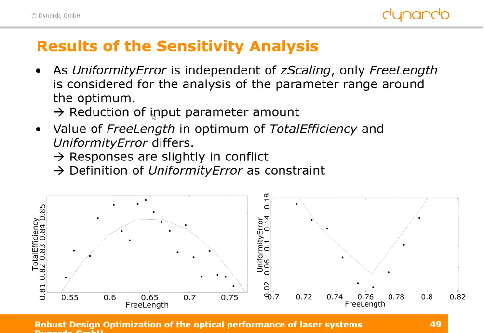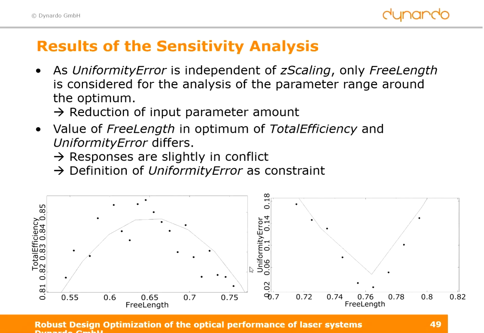So we can actually reduce the input parameter amount because we don't need to consider set scaling. Furthermore, now we can consider the value of the free length in the optimum for both objectives, the total efficiency and the uniformity error.